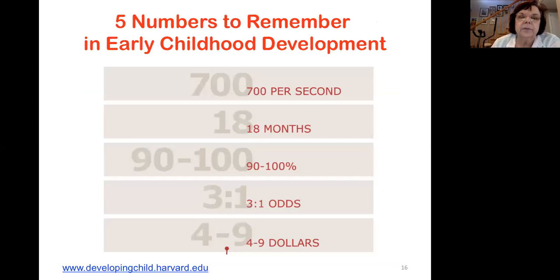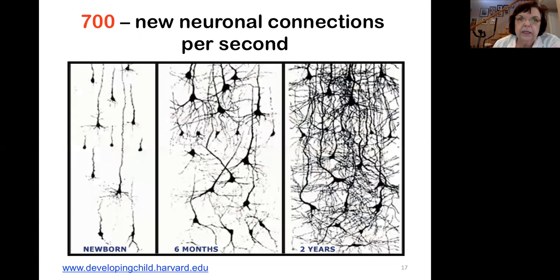So these are some slides from this Harvard Developing Child framework that I just want to quickly remind us of, because they relate to some of the developmental things that we talked about just moments ago. So 700, 18 months, 90 to 100%, 3 to 1, and $4 to $9. So here are numbers to remember.